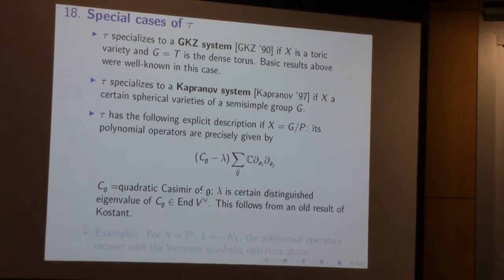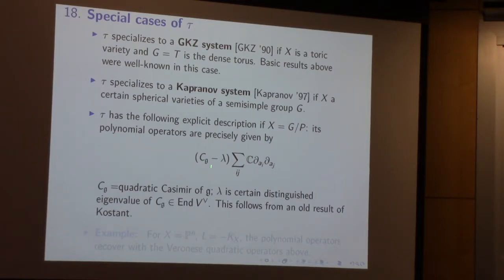You can think of it as a linear operator on the second symmetric power, so it acts on these second order differential operators. So C_G is a linear operator on this vector space generated by these quadrics. And C_G acts diagonalizably, and there's a particular eigenvalue of this quadratic Casimir that you have to project out.